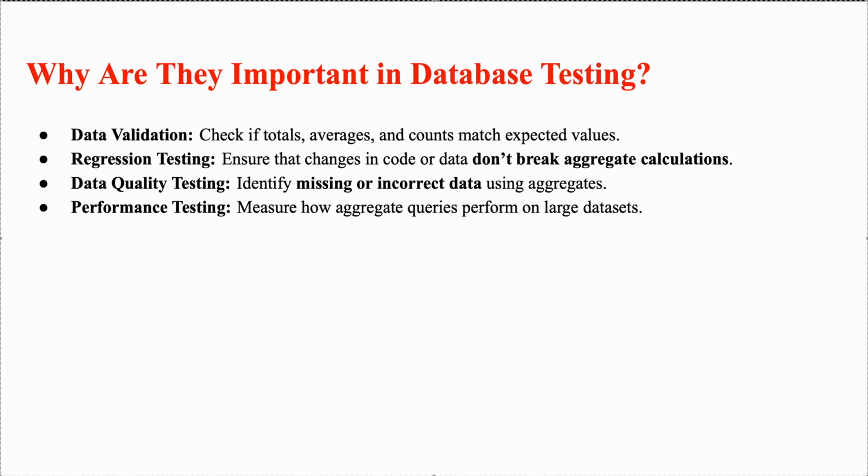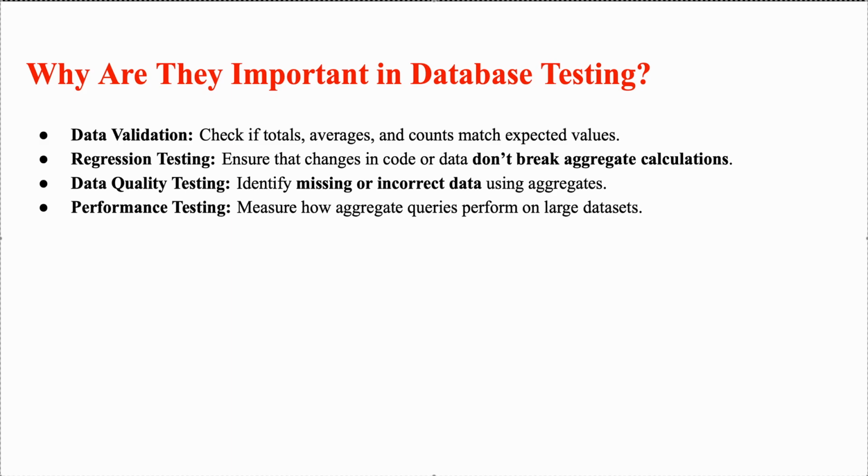So, why are aggregate functions so important in database testing? Well, first, they are great for data validation. You can quickly check if totals, averages, or counts actually match what's expected. They also help with regression testing, making sure that any changes in the code or data don't accidentally break those calculations.